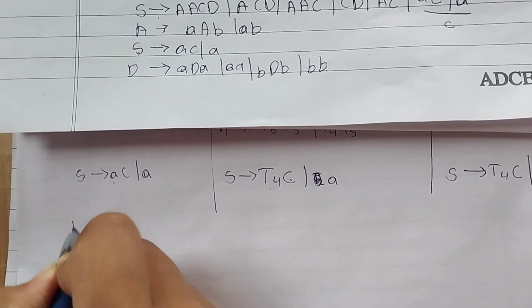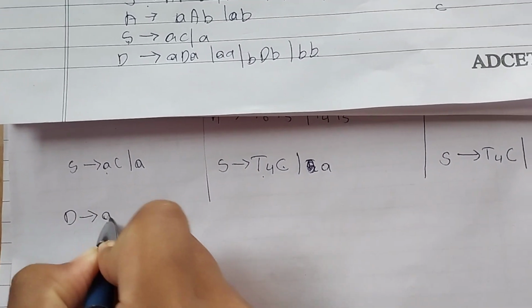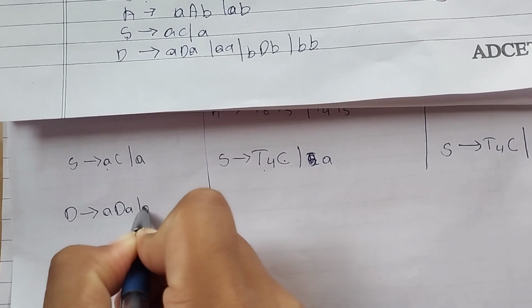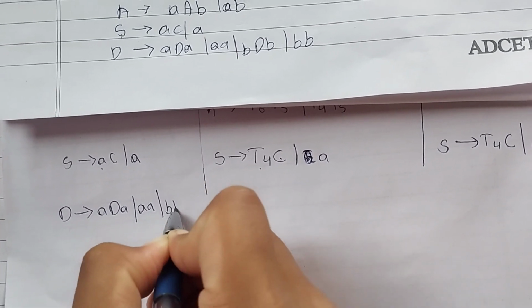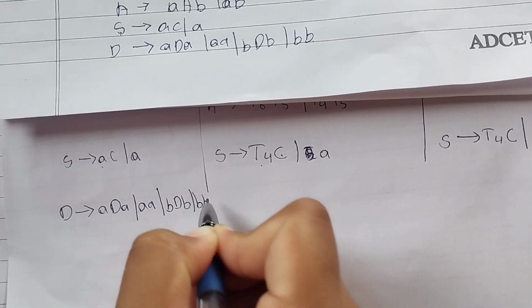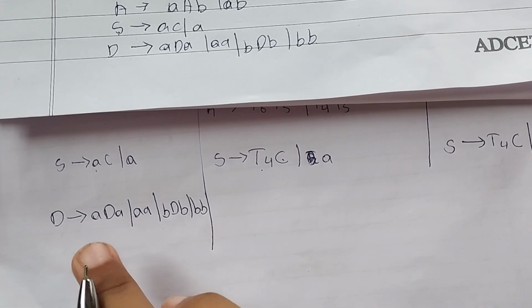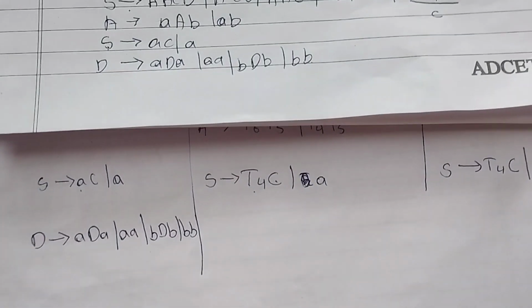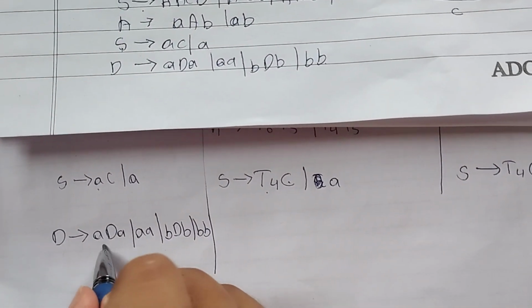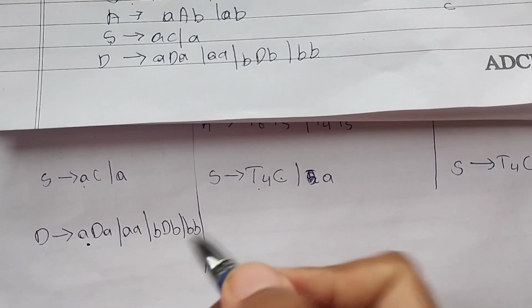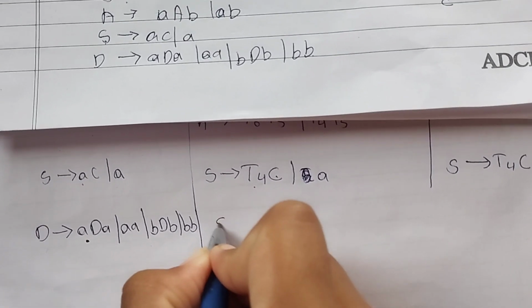Now finally we write for D. So D reads A D A, A B D B, B B. So we convert this D into CNF. How? First we convert this A with T4, because previously we assumed this.